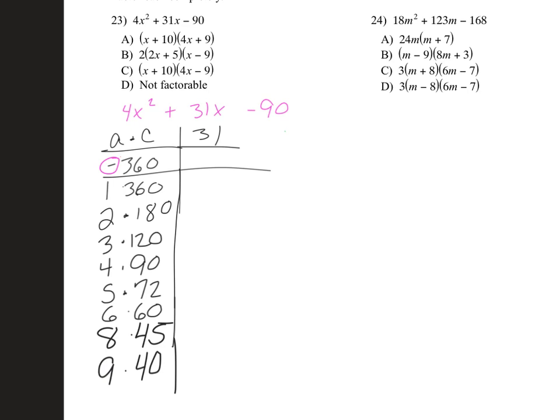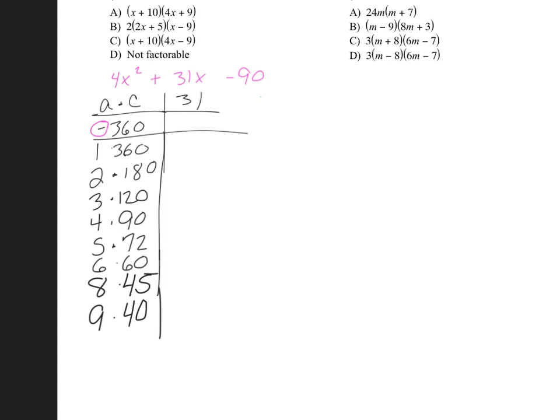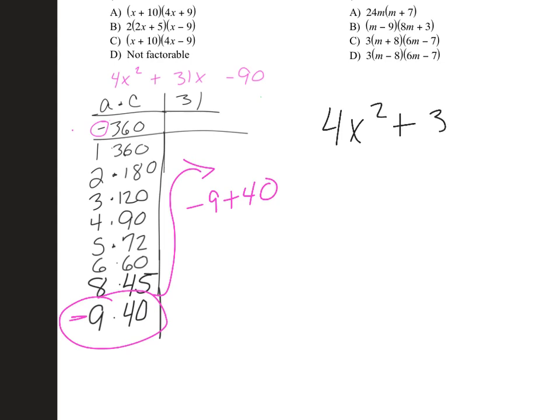Which one of those has to be negative? 9. Yeah, so one of them has to be a negative number because that's a negative 360. So, negative 9 plus positive 40 also equals 31.